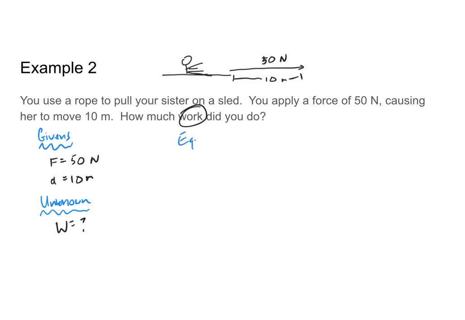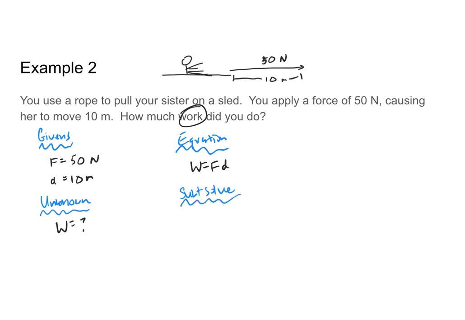Now I know that the equation for work is given by work is equal to force times displacement. Thus, I am now ready to start my sub and solve stage.